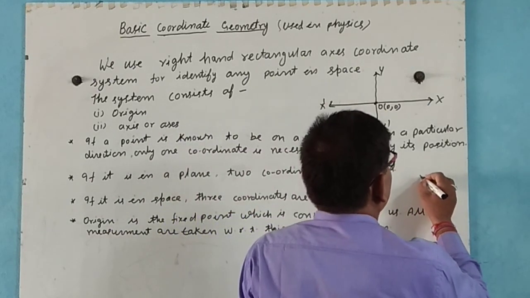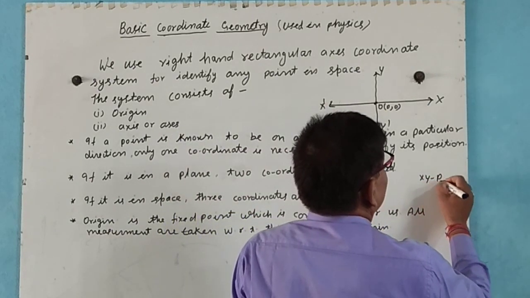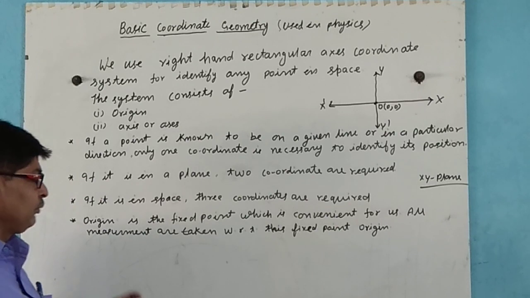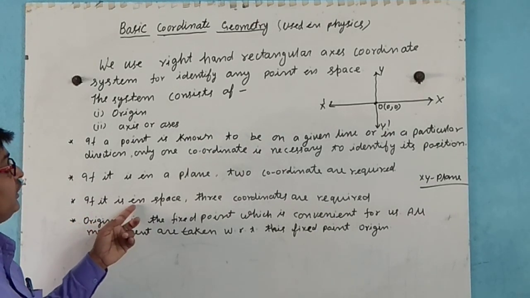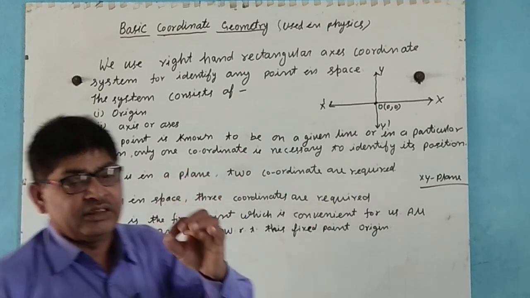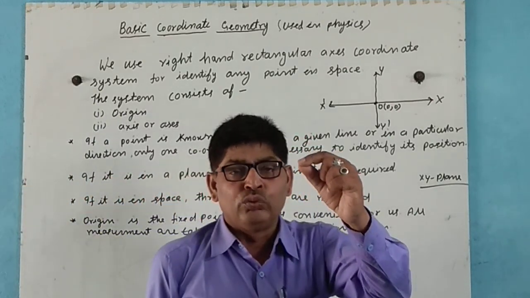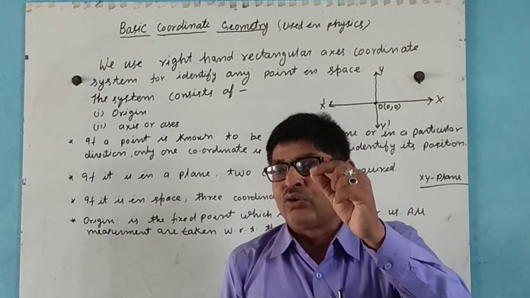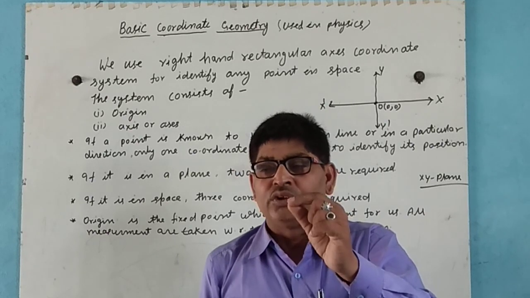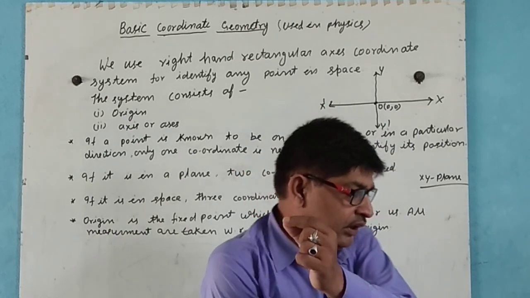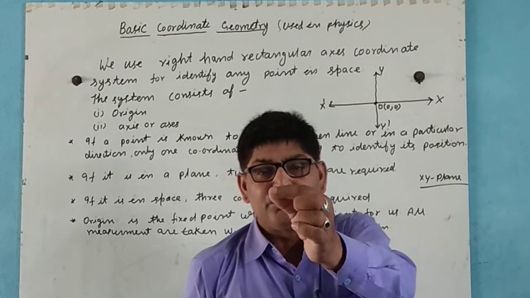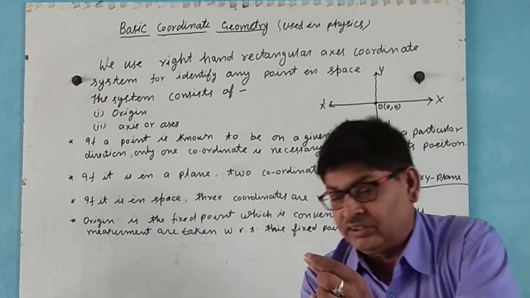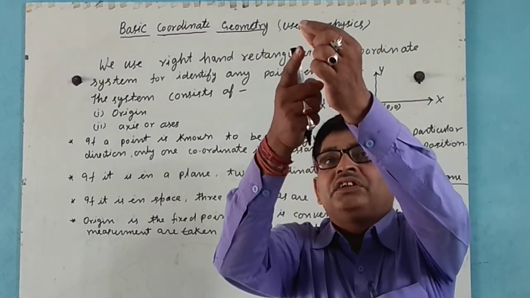That is the xy plane, because it has two coordinates. And if it is in space, like here is a point, to locate this point, first of all we identify our origin. Let us suppose our origin is situated at the corner of this room. From this point we have the x-axis, y-axis and the upward z-axis.